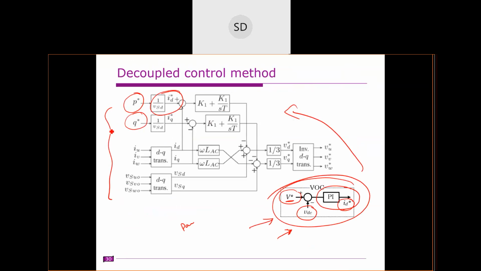For example, if you are connecting a solar PV system to a grid, you need to control how much active power and how much reactive power you are injecting into the grid. That all depends on this controller. There are several controllers, and one of the most commonly used is decoupled control, where you can individually control the active and reactive powers. We'll discuss that in the next class.